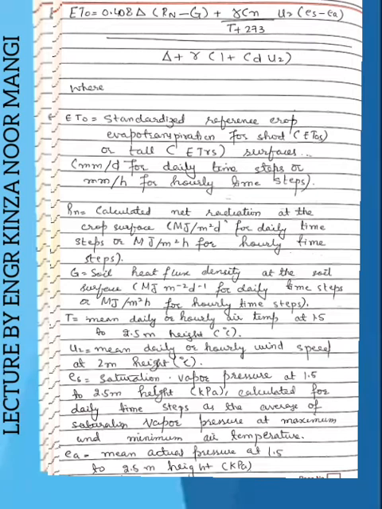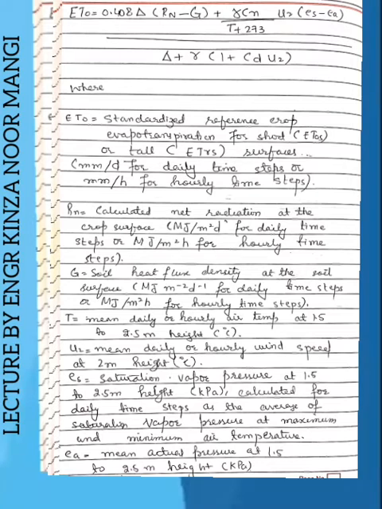Now in this formula, the reference ET, the standard reference crop evapotranspiration, has the unit millimeter per day, but here it is megajoules per meter square per day.